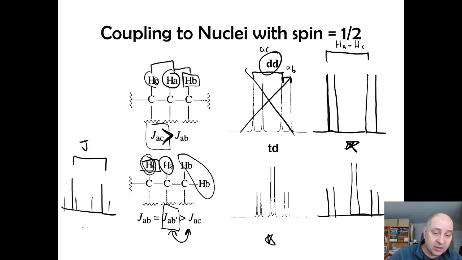Okay? Because, right, so if we had this scenario here, where AC is larger, then C splits it into a doublet, and then each doublet splits into tiny little triplets from the weaker coupling, okay? So this is truly important. It will really help you figure out some of these spectra, right?